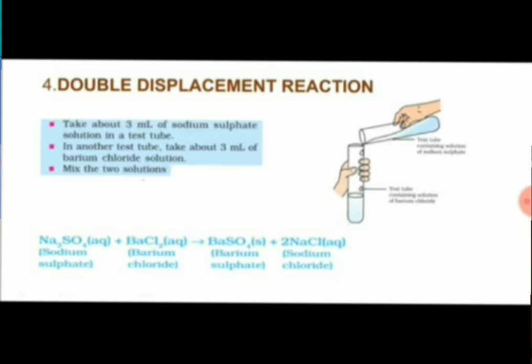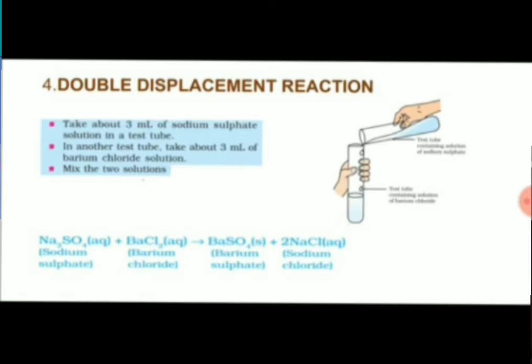Take about 3 ml of sodium sulfate solution in a test tube. In another test tube, take about 3 ml of barium chloride solution. Mix both the solutions very well. The reaction is sodium sulfate plus barium chloride gives barium sulfate plus sodium chloride.